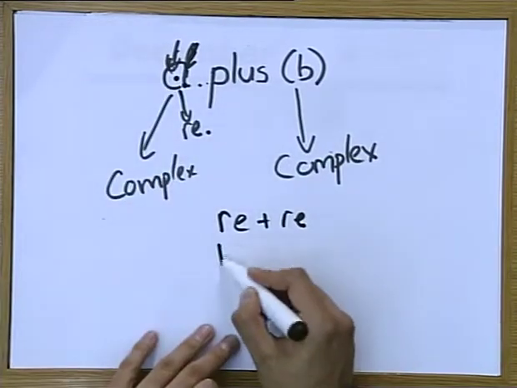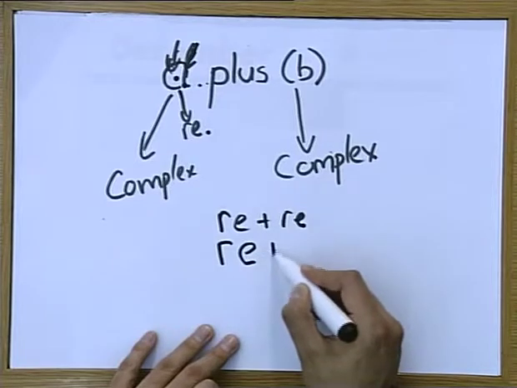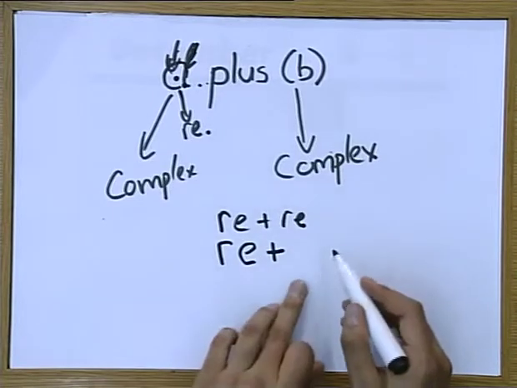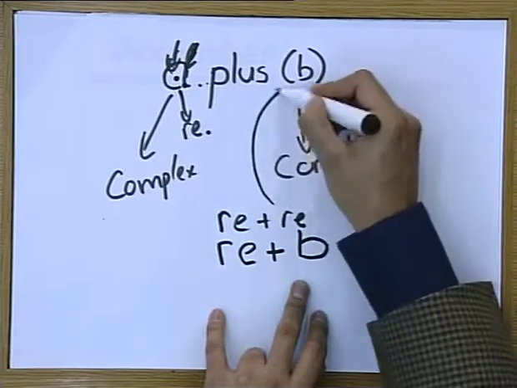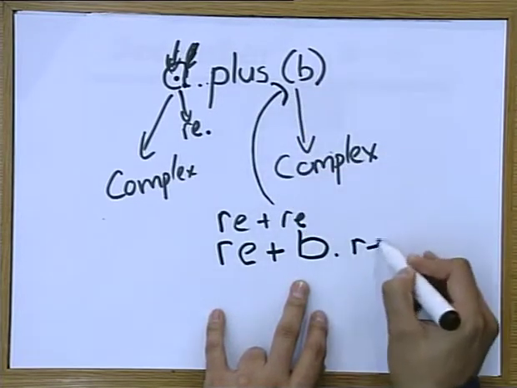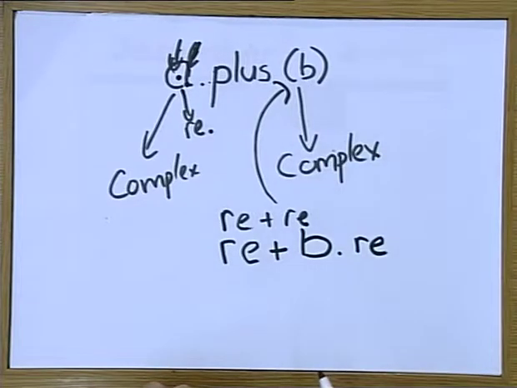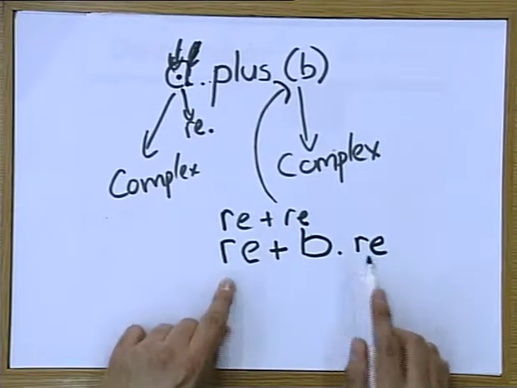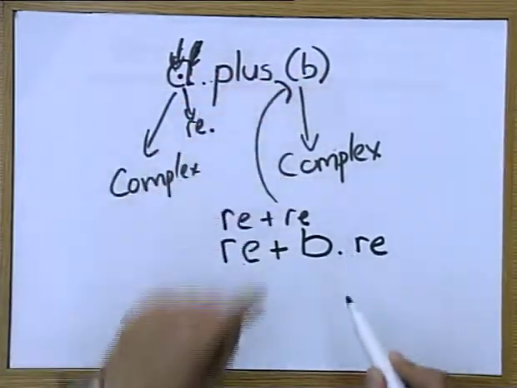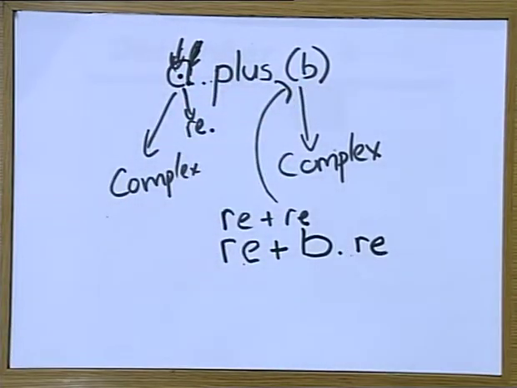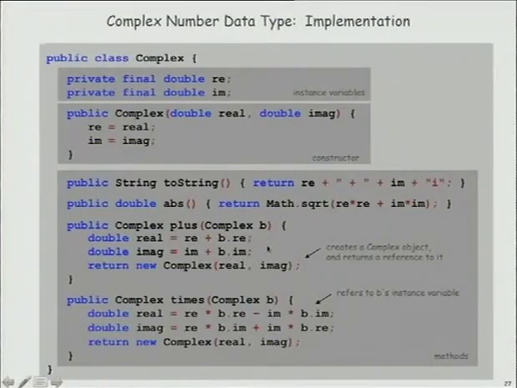So to get this right, I'm going to write re plus, and then I'm going to specify that I want B, this object's real part. So b.re. And then I add their real parts together. And then of course similarly for the imaginary part.